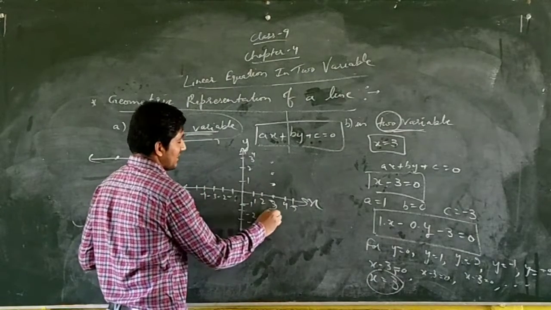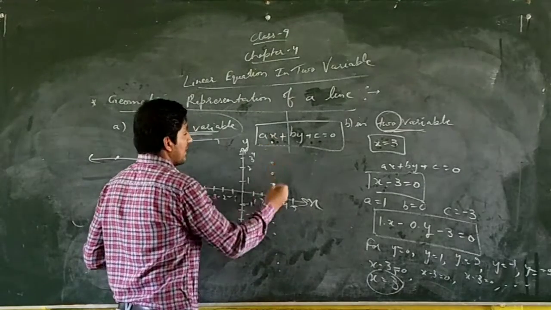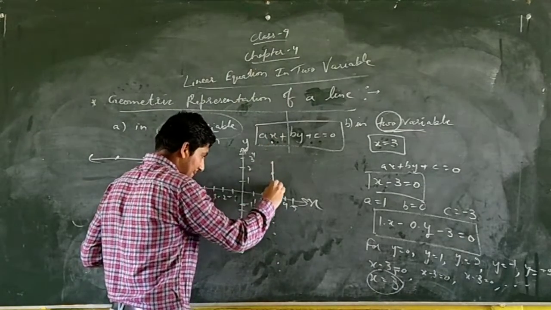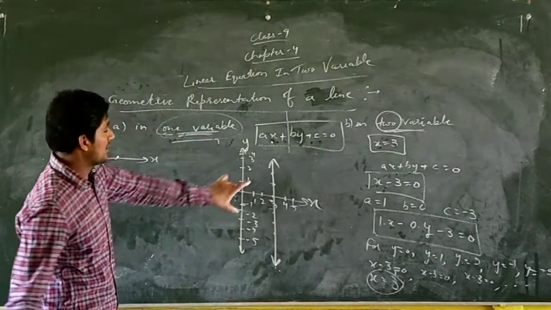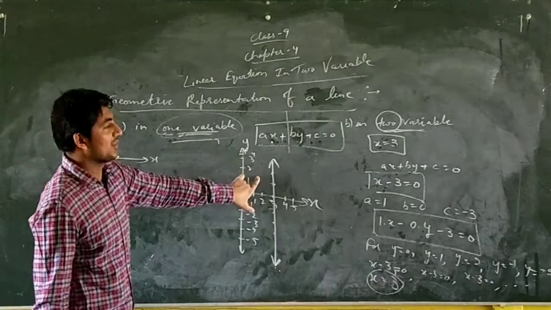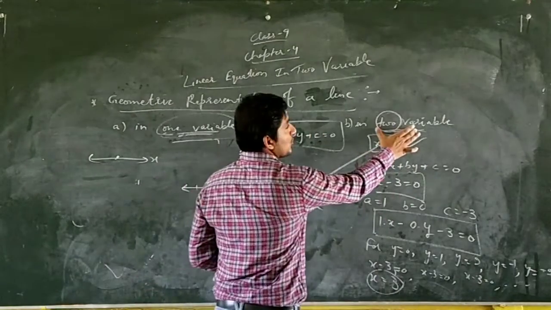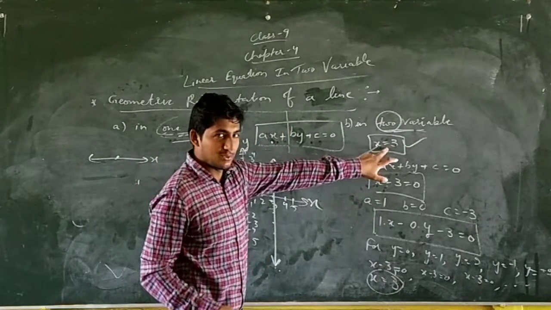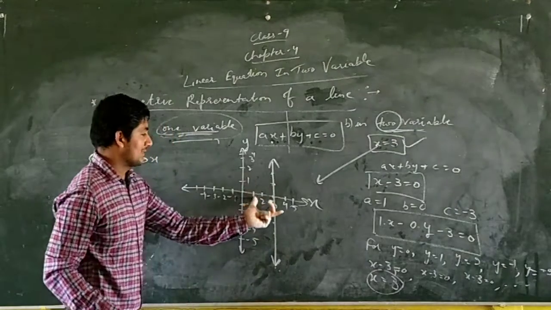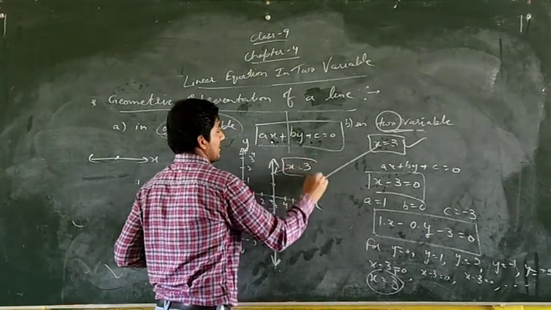This is y is equal to minus 3, and so on. Now join all these points. This is the representation of this line in two variable form. This is the geometric representation of x is equal to 3 in two variables.